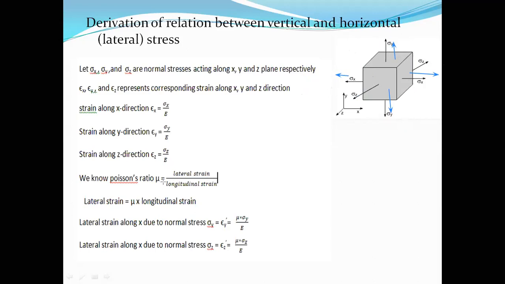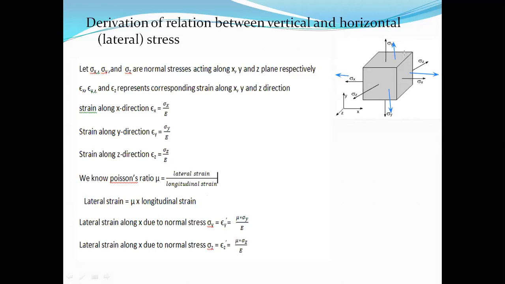We know the Poisson's ratio: mu is equal to lateral strain by longitudinal strain. Due to the application of strain along y as well as z directions, I need to find out the corresponding impact along the x direction.